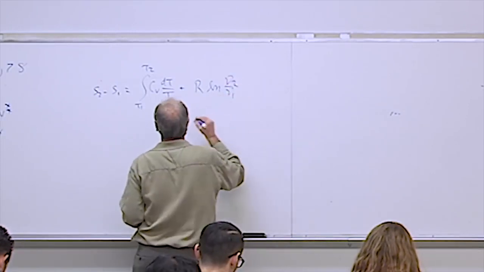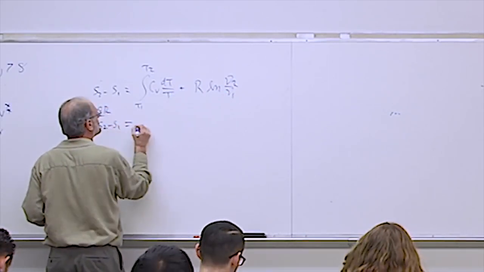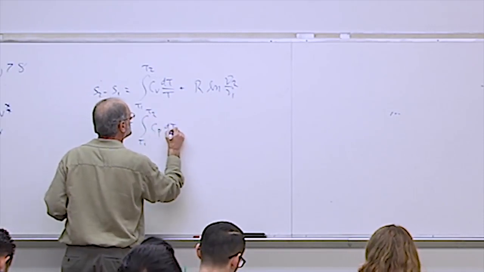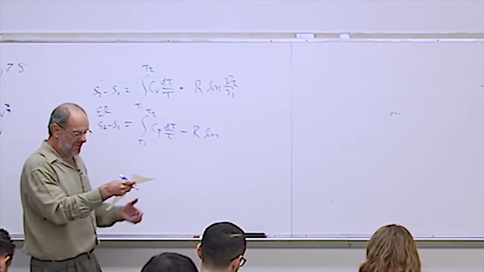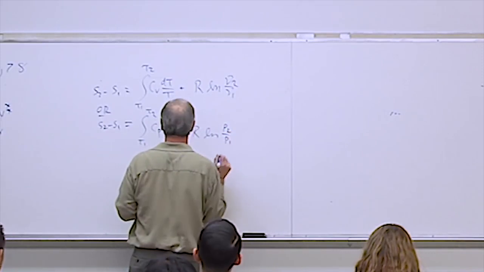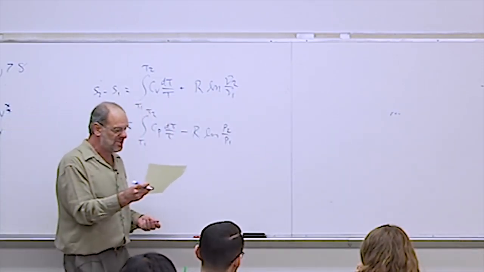Or we can find the entropy change by integrating between T1 and T2 of Cp dT over T, and then minus R times the natural log of P2 over P1. Okay. So this is how we'll be able to find our entropy change.